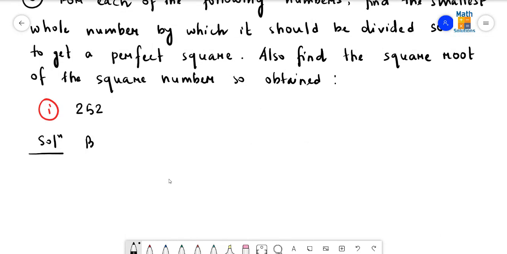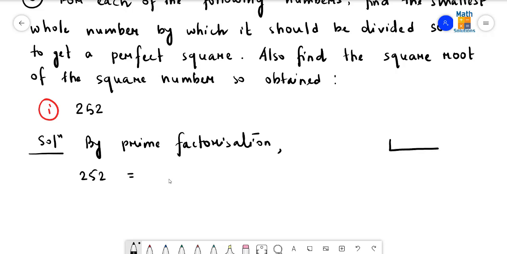Solution by prime factorization. By prime factorization, what do we get? 252 is equal to like this. We have to do factorization. 252, since this is an even number, we can start dividing by 2.